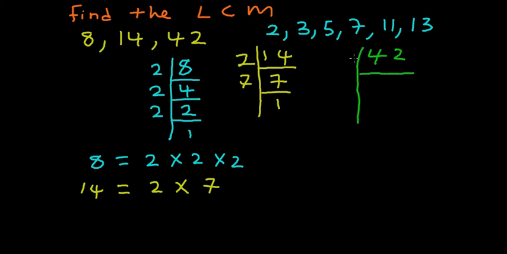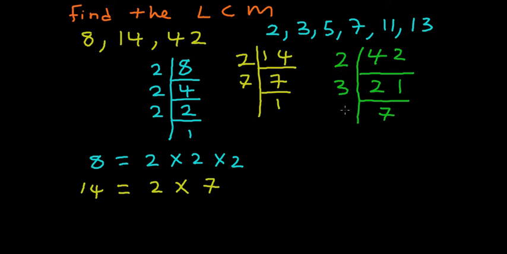Okay, so let's work out the prime factorization for 42. On the right hand side, draw a line. 2 can divide, so we start with 2. 2 in 4, you get 2. 2 in 2, you have 1. Okay, 2 can no longer go. There's going to be a remainder, so we try 3. 3 can go, so we use 3. 3 in 21, you get 7.